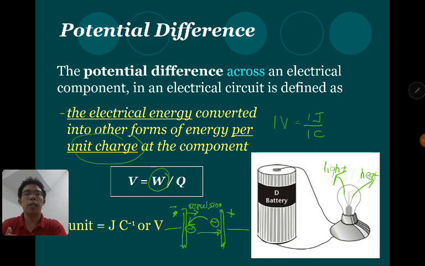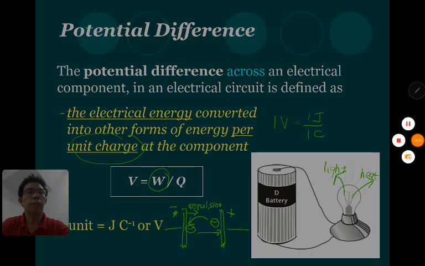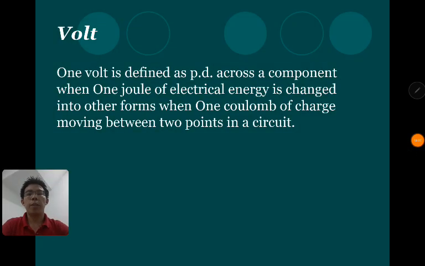So you can see that these concepts are all interrelated: the work done and the electrical potential energy, and when the charges move through electrical components inside an electrical circuit. Remember just now I said that 1 volt is when you have 1 joule of energy converted per unit coulomb.